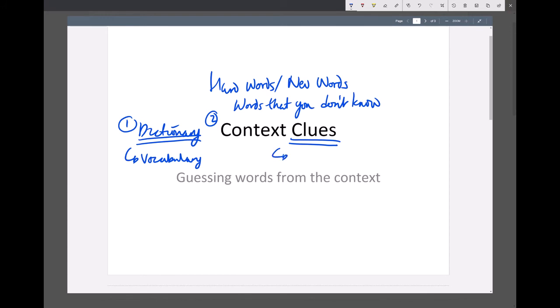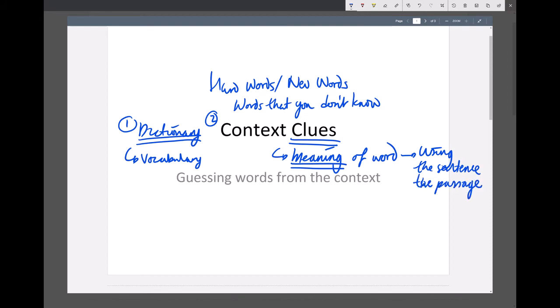So this is like translation in the sense that you're looking for the meaning of a word, but you're using the sentence or the passage, anything that provides the context.